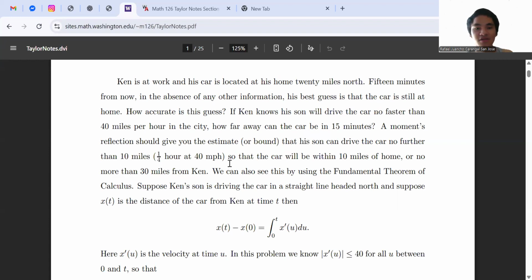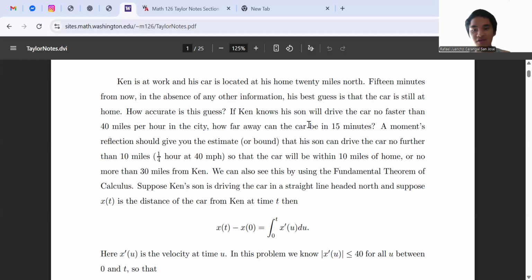So Ken's at work, his car is located at his home 20 miles north, and 15 minutes from now, we don't know anything about the car. So most likely that car is still there at his house. And so how accurate is this guess?